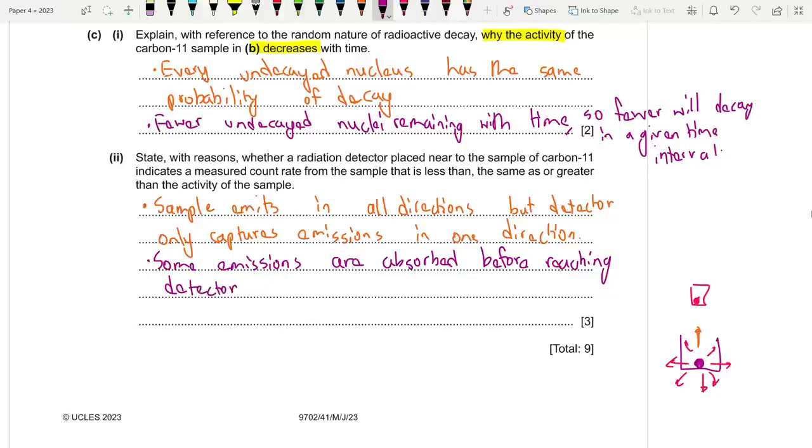And some emissions are scattered within the sample. This is also true. Fine. So we have 3 marks over there.